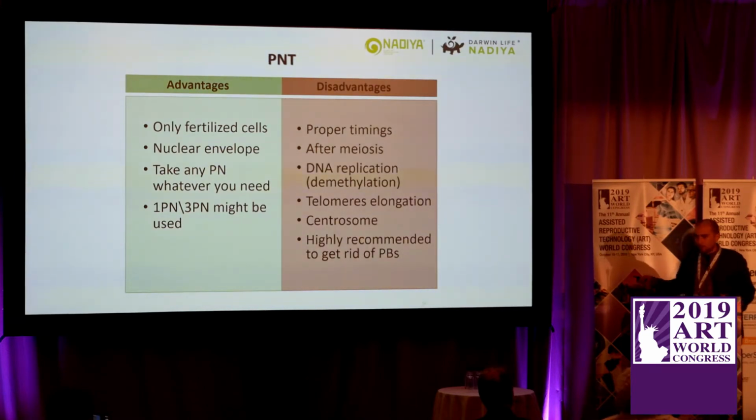And the centrosome is another point, because the centrosome is attached to the female PN, and you can accidentally remove the centrosome with the pronucleus. So it means when you remove from the patient cell the pronuclei without the centrosome, and you have removed the centrosome from the donor cell, the reconstituted cell will be unable to cleave properly, and it will never form a blastocyst.